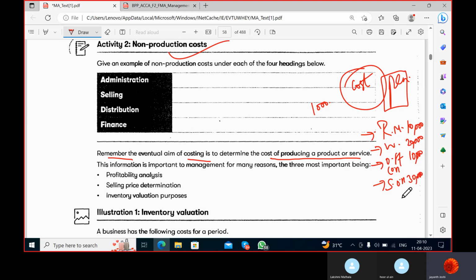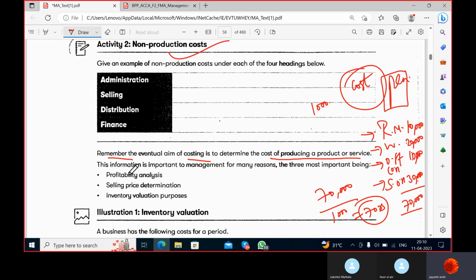If you add all of them, you get the total cost of 70,000. You are making how many pens? 1,000. So this is the total cost. Total cost is 70,000 divided by 1,000 pens. You'll get a per unit cost of 70 rupees that you are incurring for making a pen. This is nothing but a very simple example of costing.